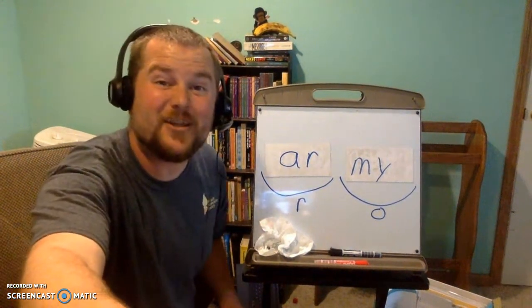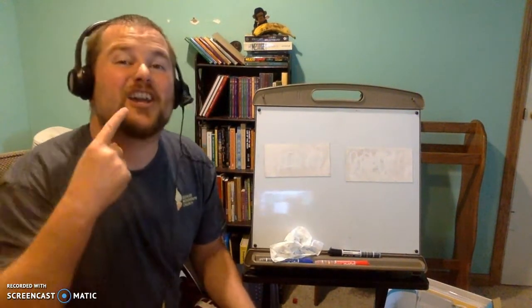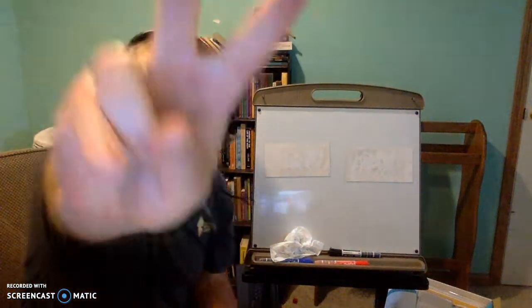Okay, let's look at another word, shall we? Let's try the word garden. You got it. How many syllables? Yes, there are 2 syllables in garden. Garden. Where are we going to divide it?